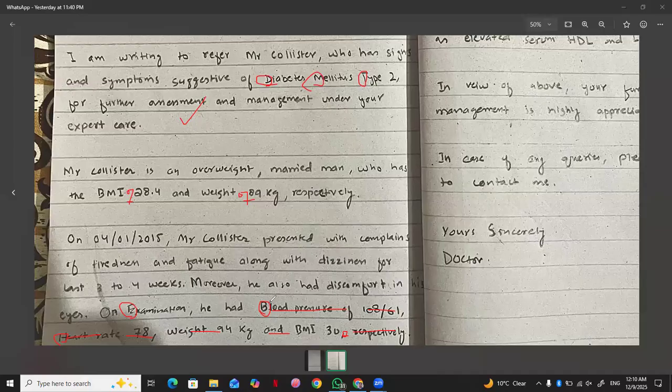Not this way. Same goes here as well, because you are telling the weight. If you would have written who has the BMI and weight of 28.4 and 89 kilogram respectively, okay, but not the other way around.